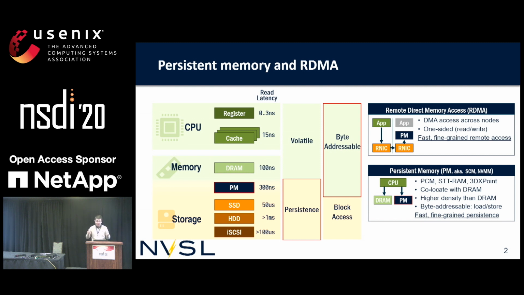Under the hood, it's doing address translation and DMA for you on the RNIC, bypassing the CPU or the application running on the server node. The most prominent feature is one-sided read and write, which would be a good fit for persistent memory.